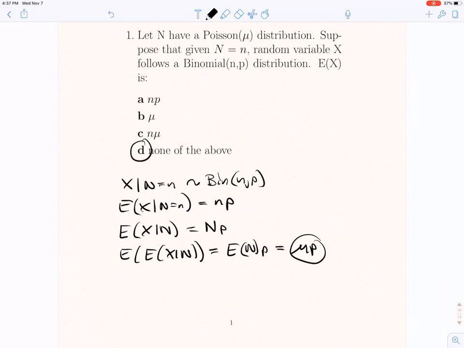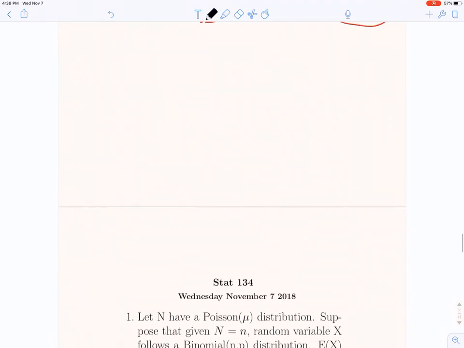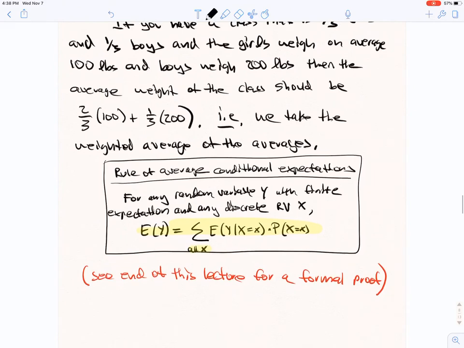I just want to mention that if you try and write out this conditional expectation as a sum, using this highlighted definition over here, it'll totally work for you.